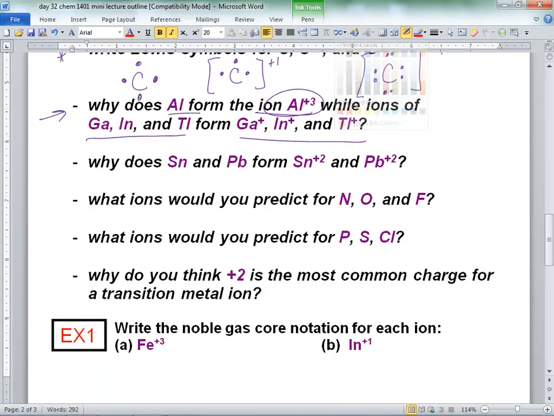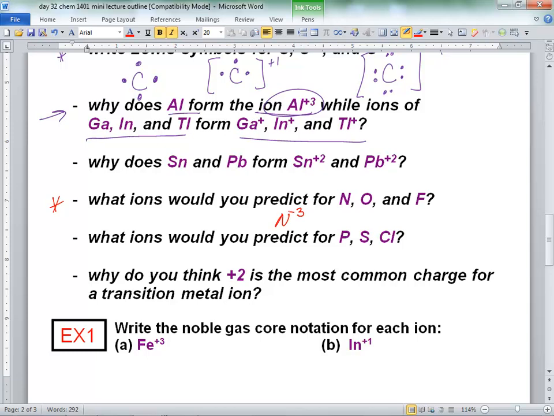Okay. What ions would you predict for nitrogen? Annabelle, nitrogen. What ion did nitrogen form? And count over to the nobles. And 3, is it negative or positive?